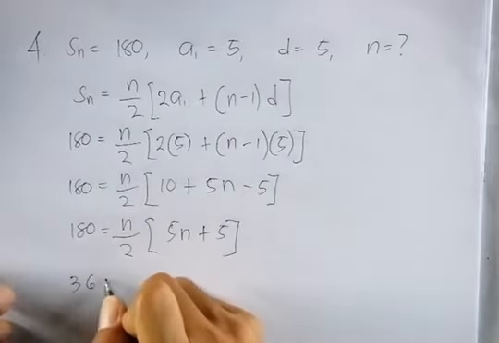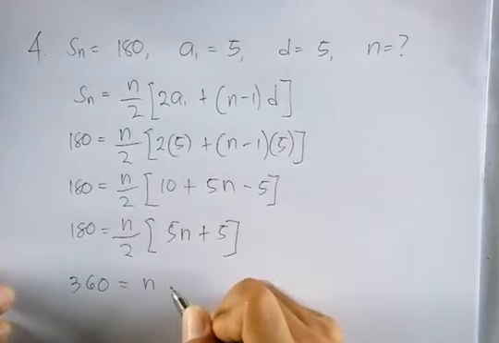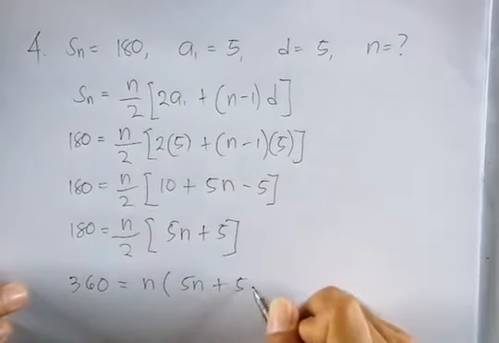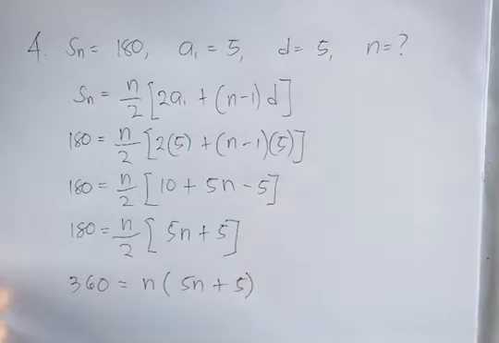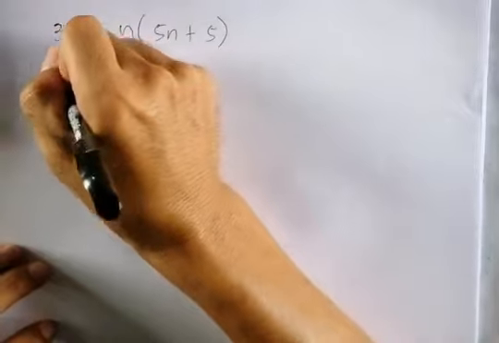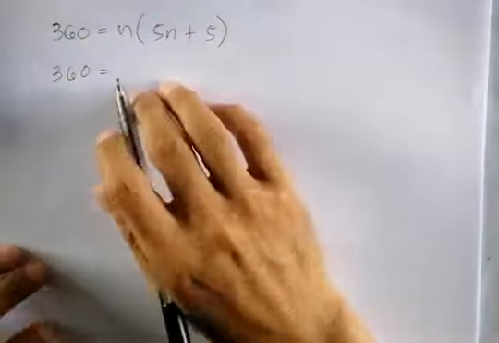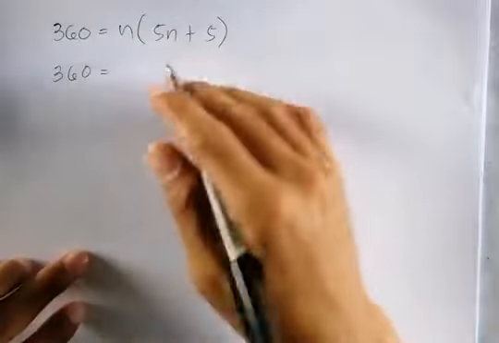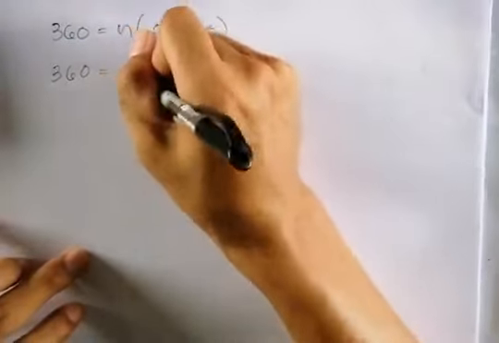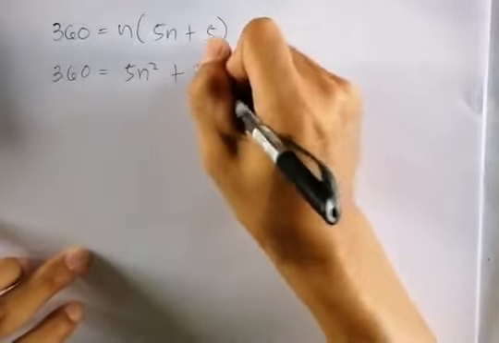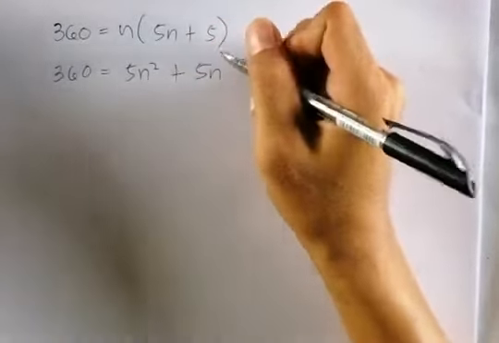Then we can apply the cross multiplication. So we have 180 times 2, that is 360, is equal to n times the quantity of 5n plus 5. Then apply the distributive property. So we have 360 is equal to n times 5n, that is 5n squared. Then n times positive 5, that is 5n.